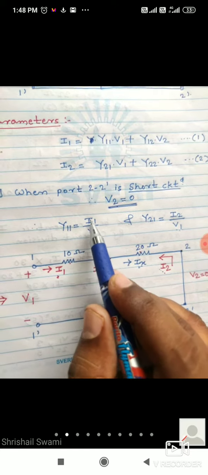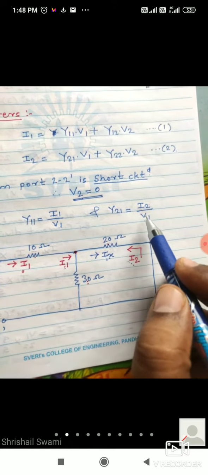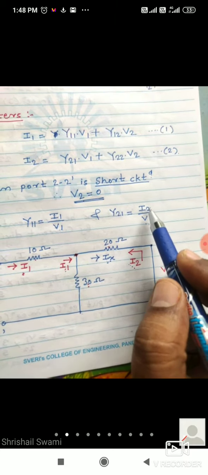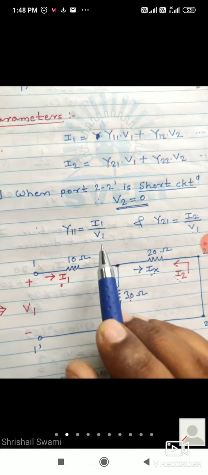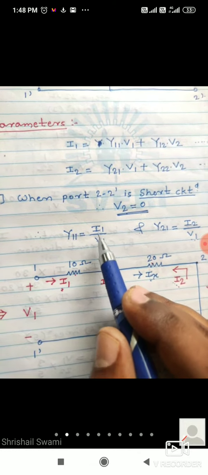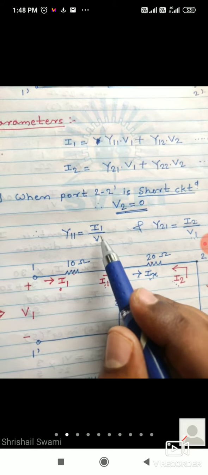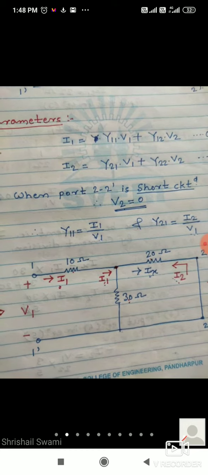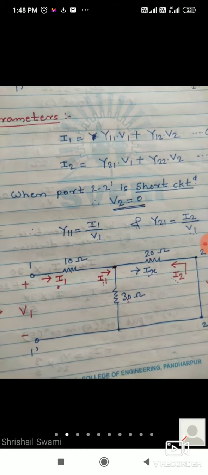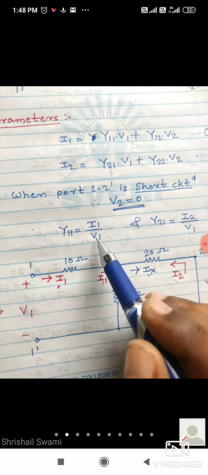We should get an equation in which you see these two, I1 and V1. Here we should get an equation in which these two variables appear, I2 and V1. That is our aim. As already told in the Z parameters, whenever the variables are of the same port, you can straightforwardly find the equivalent impedance from that side, whether I1 V1 or V1 I1, similarly V2 I2 or I2 V2.